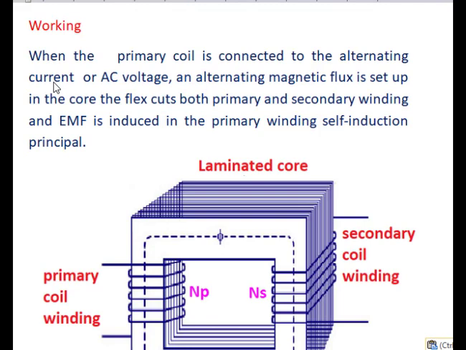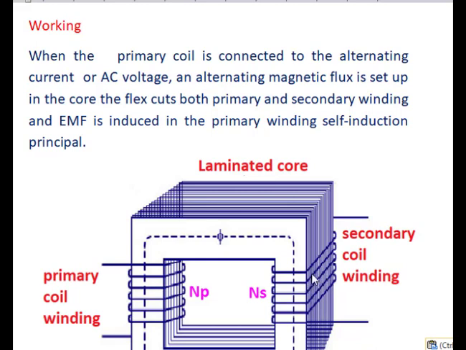Working of transformer: when the primary coil is given a high alternating AC voltage, it produces an alternating magnetic flux. It is set up in the core. The flux cuts both the primary and the secondary winding.